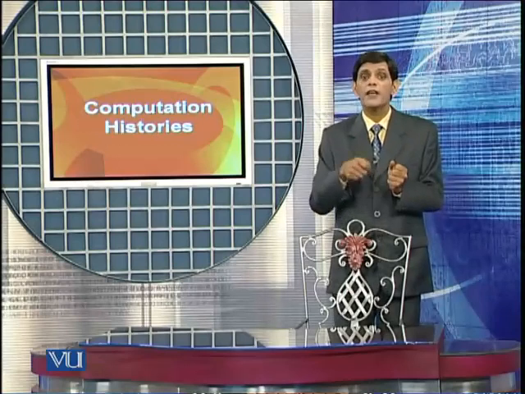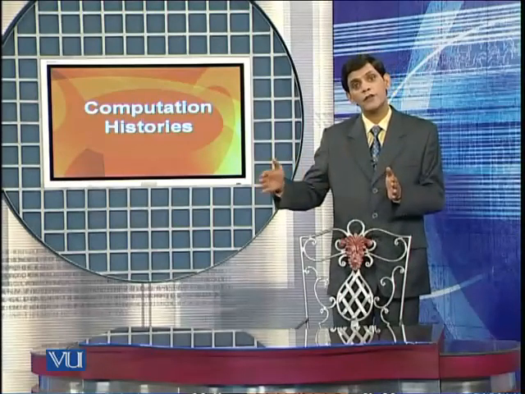So, if you think of a configuration as a snapshot of the machine, what you're doing is taking the snapshot of the machine, running it one step, taking another snapshot, running it one more step, taking another snapshot, and so on and so forth, and you make this whole file.